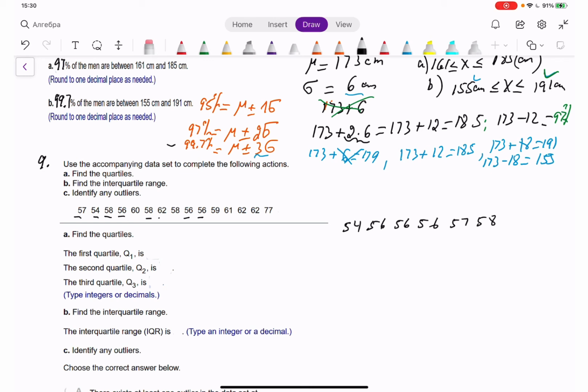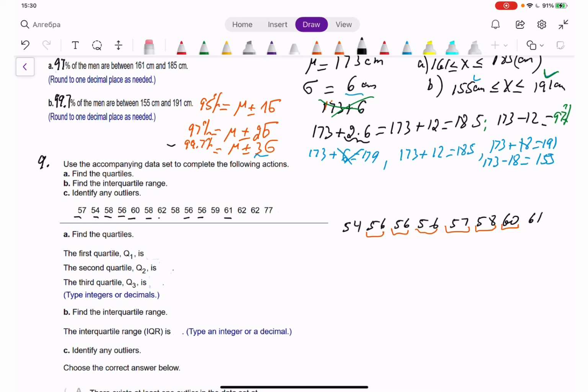Next is 60, we have only 1. Hold on, was it 58 or 57? Yeah, 58. I will use this type of delimitation so we can see it. So it's not 5, 6, but 56.